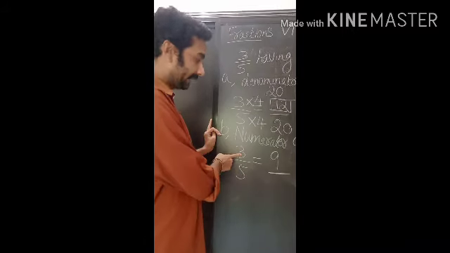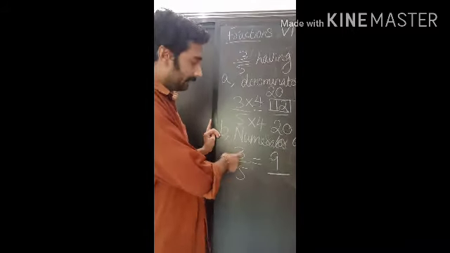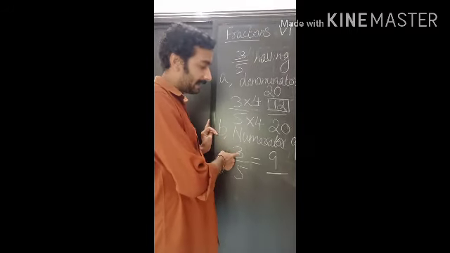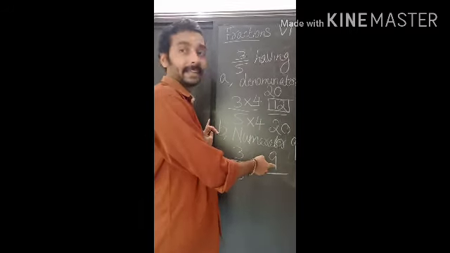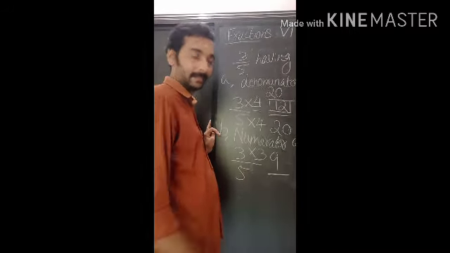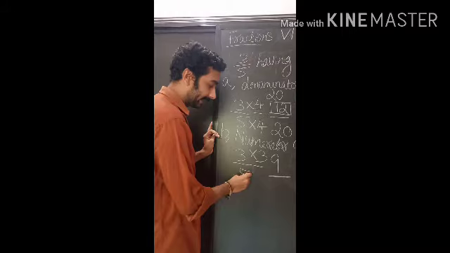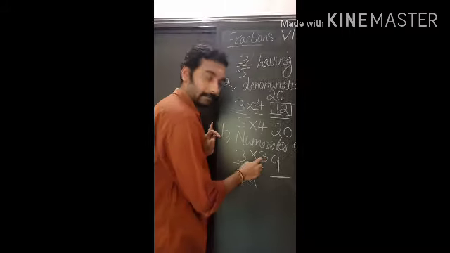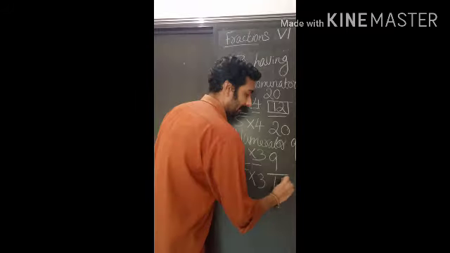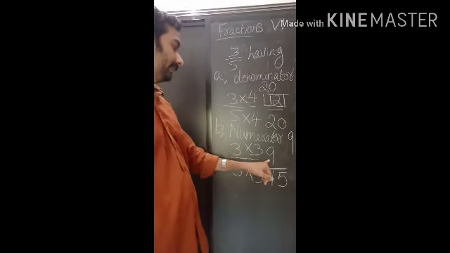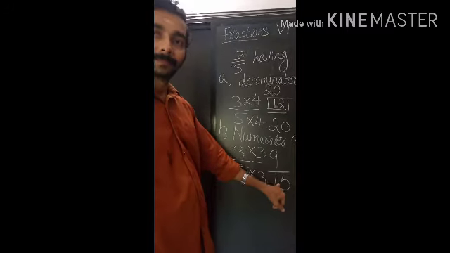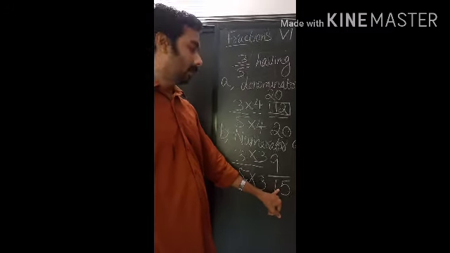This one is 3, less. 3 multiplied by which number we get 9? Yes, 3 into 3 is 9. The same number we multiply by 5, that is 5 into 3, that is 15. That means the result is 9 by 15. Okay, clear?